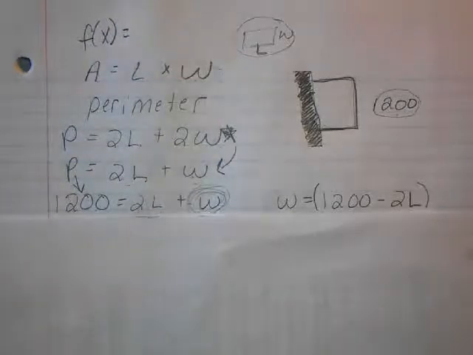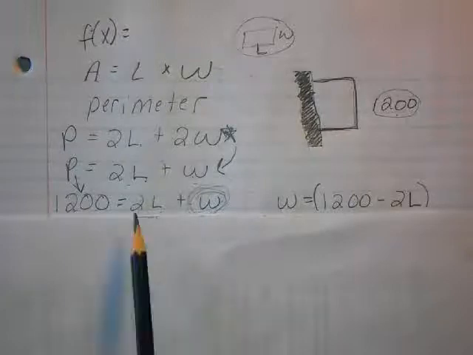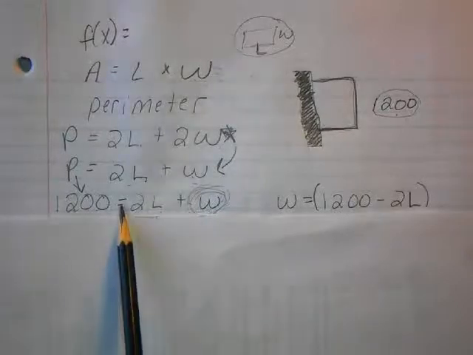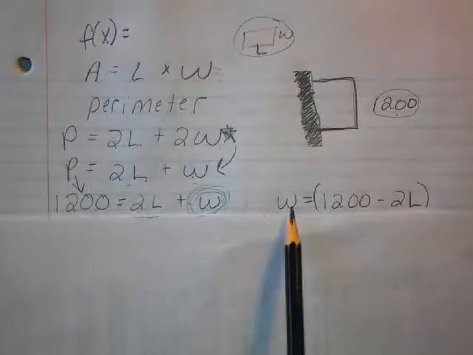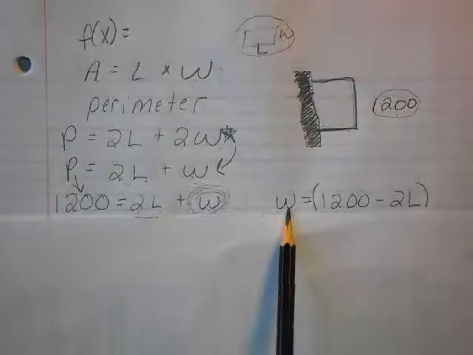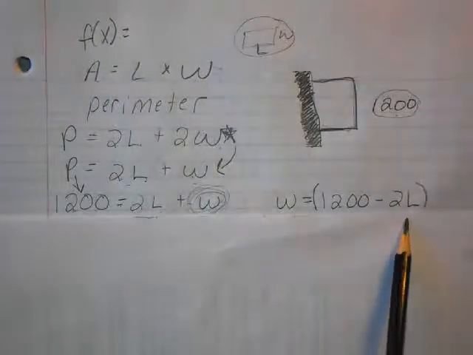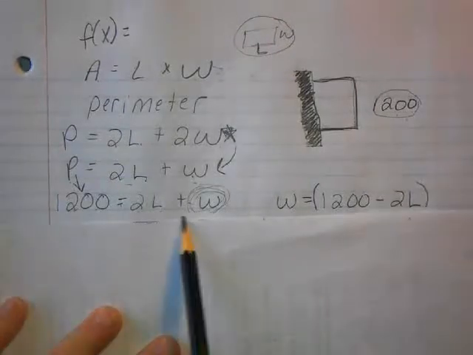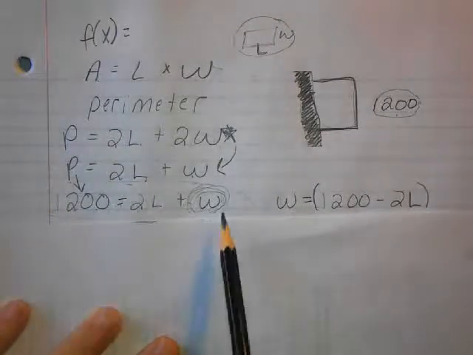But I know I can't put it in the calculator, which is how I want to solve it. I can't put it in the calculator with 3 variables. I have to only have 2 unknowns. So I solved this function here for W in terms of length. So I solved my perimeter for W. I got W by itself.